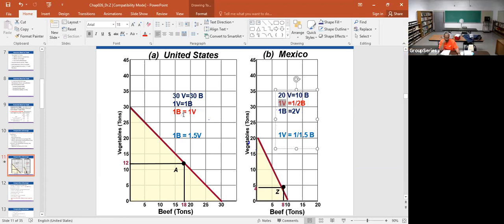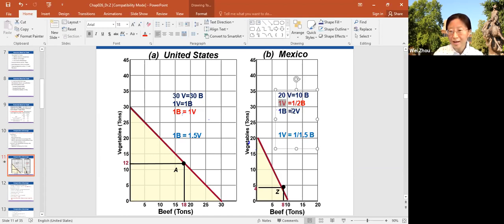For Mexico, I only make the vegetable and I'm going to use my vegetable to buy the beef from the US. But if I produce beef myself, it costs me 2 vegetables. So if I buy it from the US, I'm not going to pay more than 2 vegetables, because if I pay more than 2 vegetables, I'd better just do it myself, right?